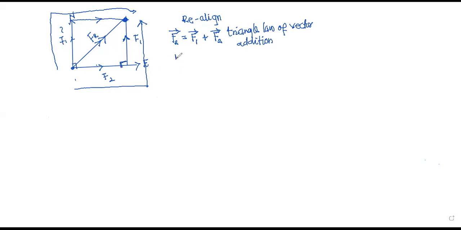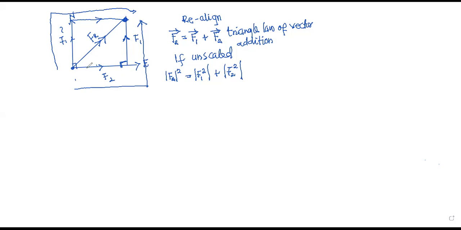So if unscaled and the two forces are perpendicular, use Pythagoras theorem, which is the magnitude of F resultant squared is equal to the magnitude of F1 squared plus the magnitude of F2 squared. So this is the formula to use when two vector quantities are perpendicular to one another.